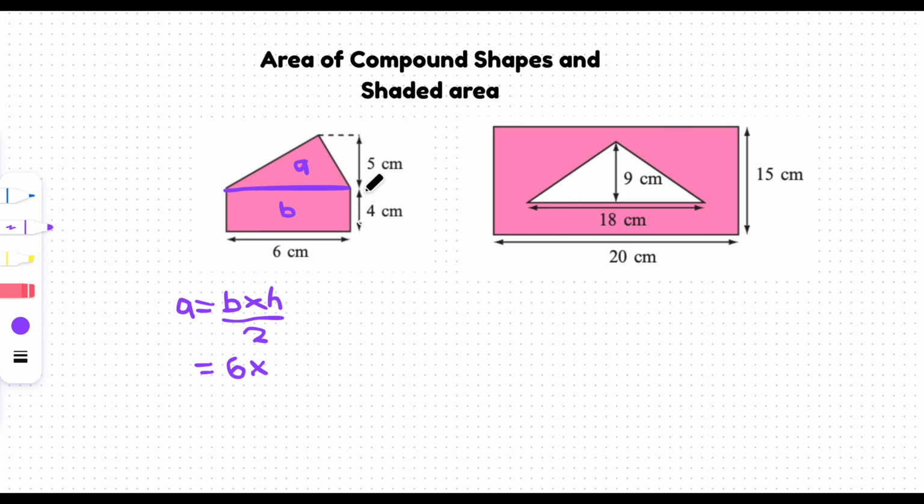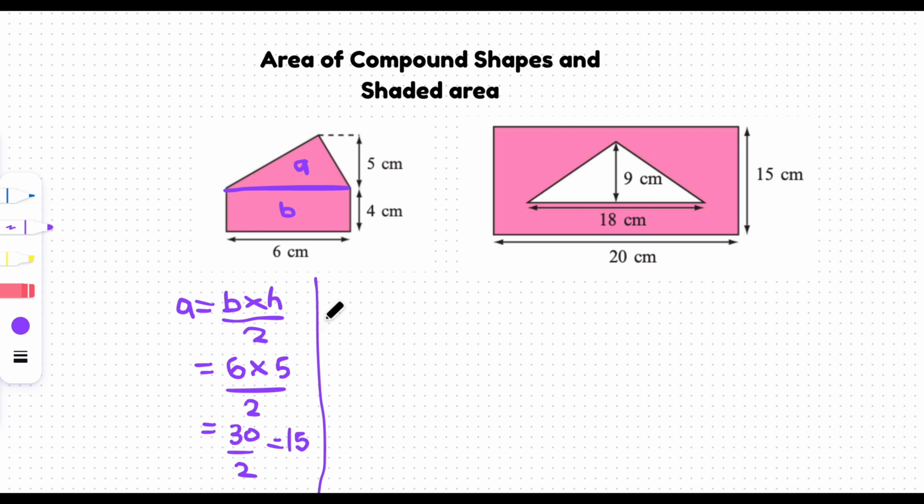The total height includes that 4, but we're not interested in the 4 right now. We're just interested in the 5. So 6 times 5 divided by 2. If you know your times table, 6 times 5 is 30, and 30 divided by 2 is a clean 15. Cool, so you put that aside.